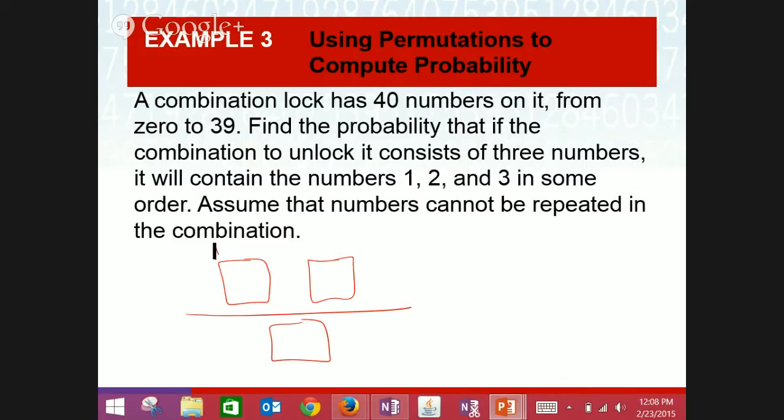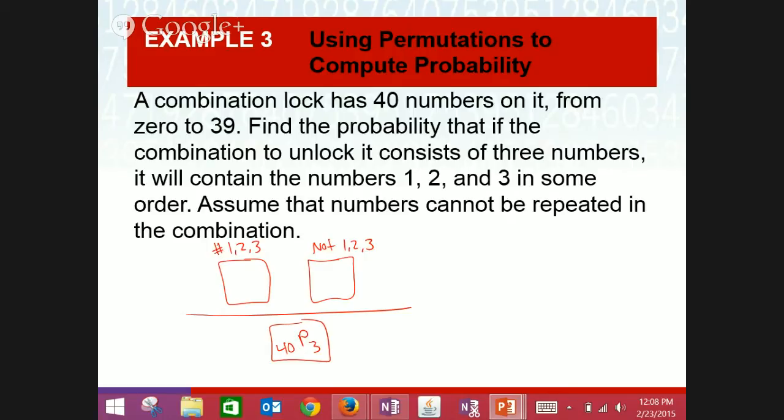These are the numbers 1, 2, and 3, not 1, 2, or 3. So this should be 40 permutation 3. Because out of the 40 numbers that I have to pick from, I'm picking 3 of them, right?